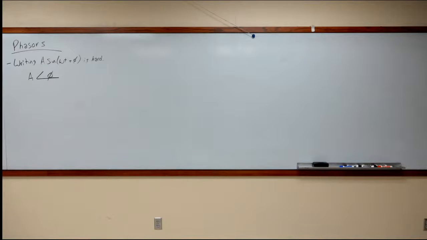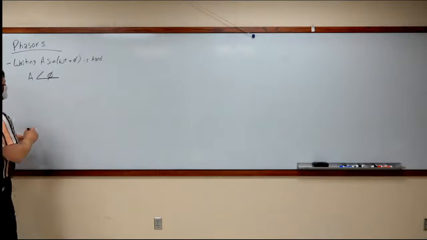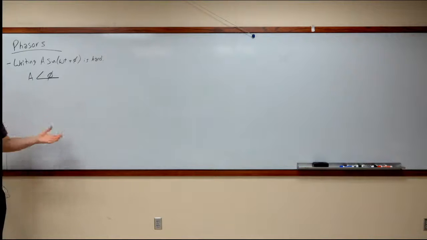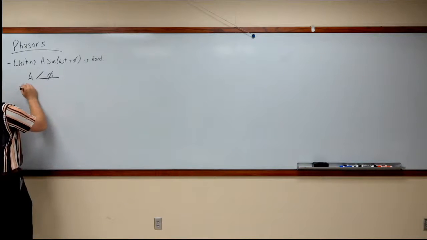I'm going to go through and explain this a little bit before we jump into how to add these together. Okay, I know I introduced sine, but we're going to put everything in terms of cosines.